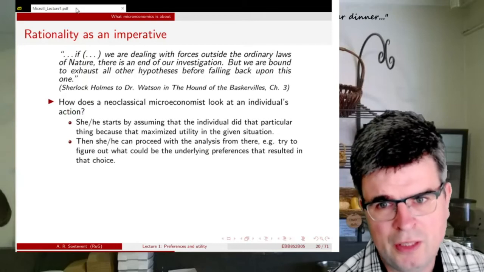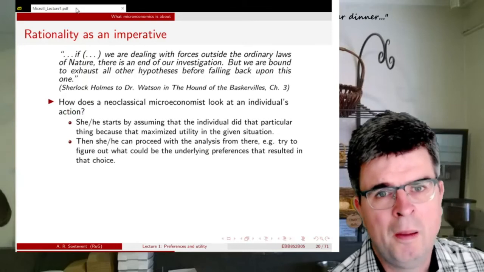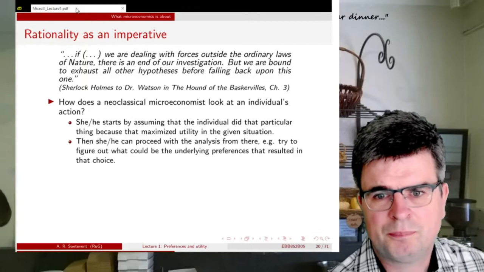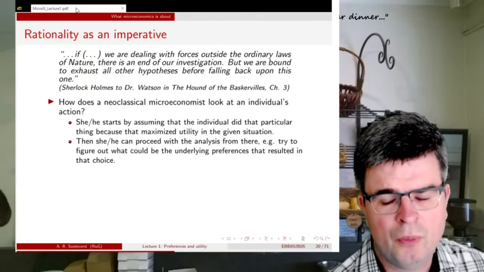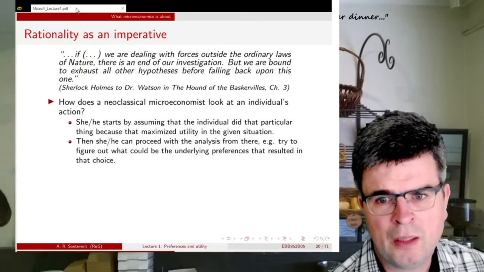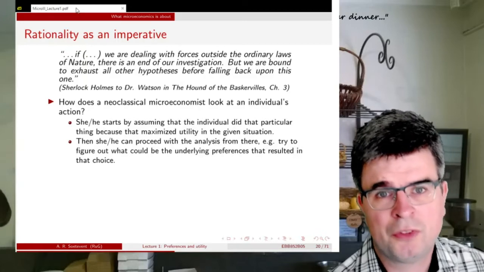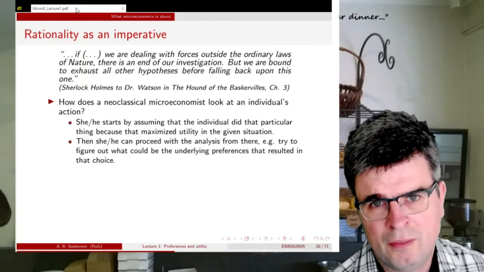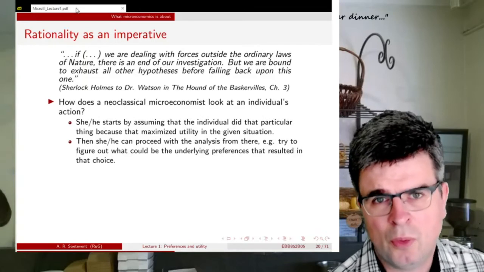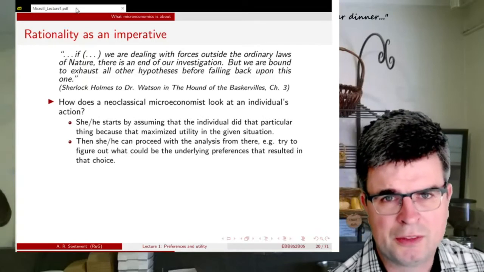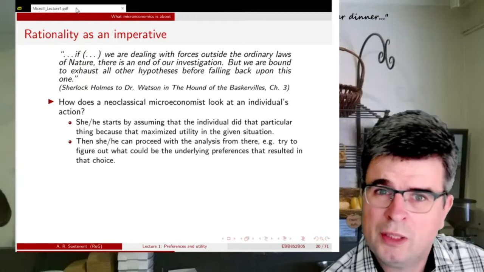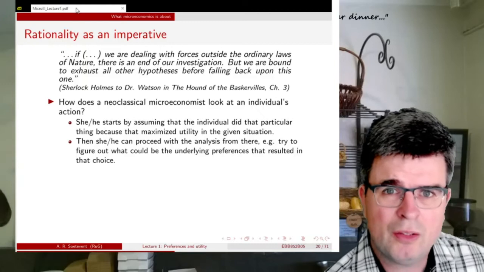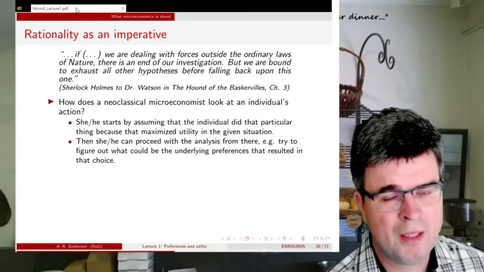So if you have a neoclassical microeconomist looking at individual actions, then the starting assumption is that the individual acted in that particular way because he was driven by incentives that guided him or her to maximize his utility in that situation. And we're rather abstract about what the utility function is, so we have a lot of degrees of freedom there.